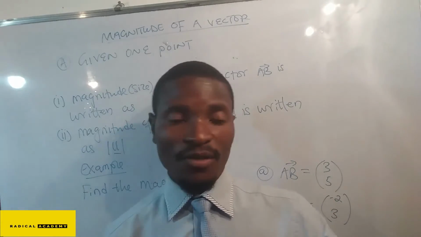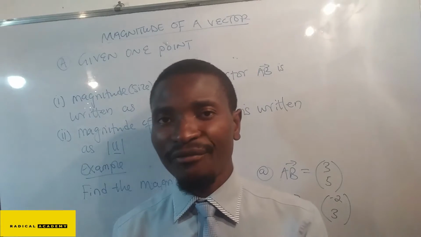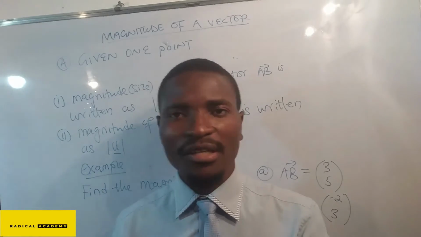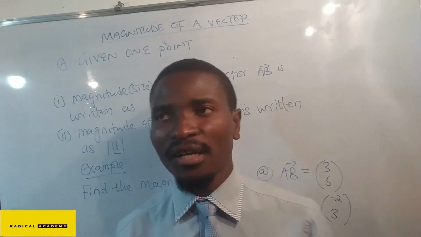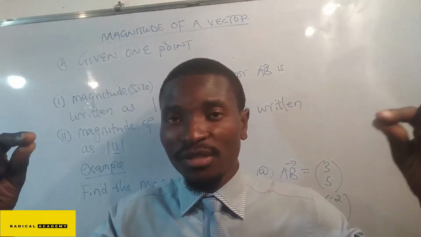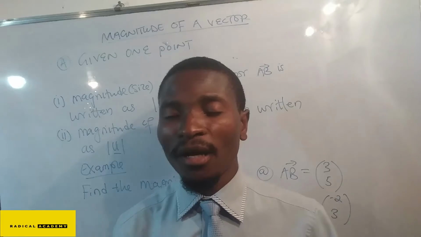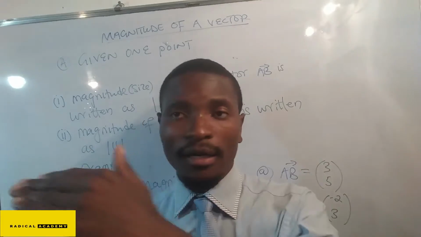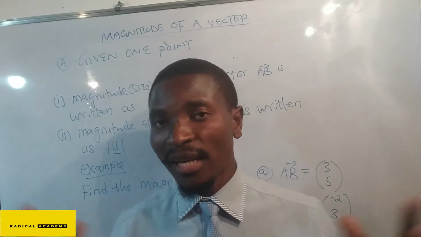We saw some of the vector notation and representation: a vector can be represented using capital letters, where we put an arrow on top, over the two ends of the line.